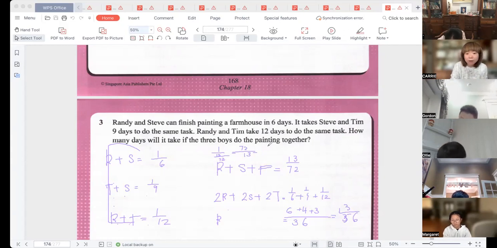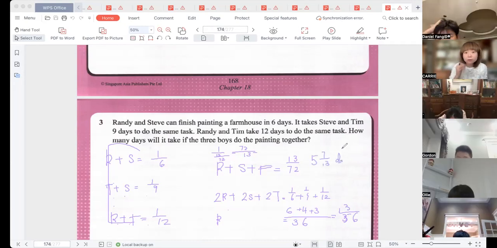Understand? It doesn't matter. So the answer is 5 and 7 over 13 days.